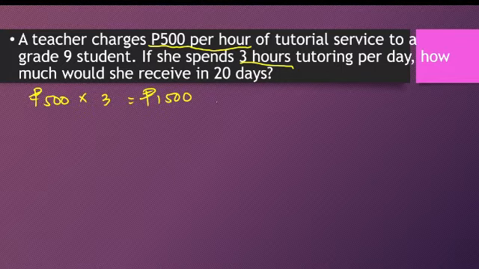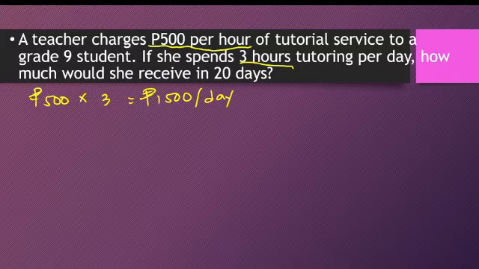So, per day. So, tinatanong ngayon, so this is probably a direct variation, no? Kasi habang dumadami yung araw ng pagtuturo, mas malaki yung makukuha niyang pay dun sa tutoring service niya. Okay? So, per day is 1,500 kasi 3 hours siya per day.